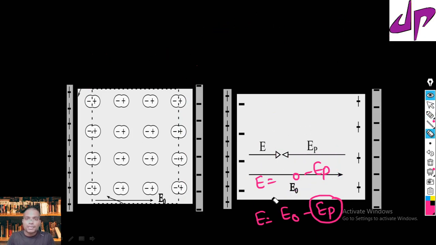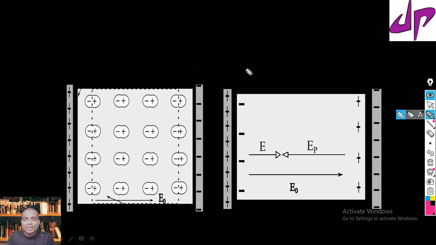Finally, if we keep a dielectric in the presence of an external electric field, there will be a residual electric field.